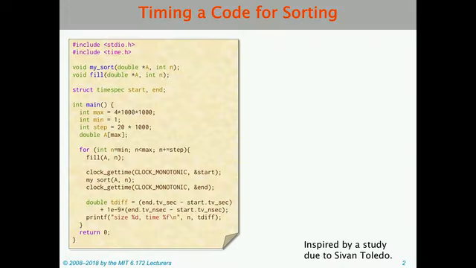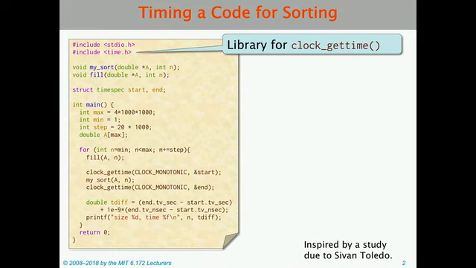So here's the code. This isn't exactly his code, but it's in the same spirit so that you get the idea. And so let's just run through this code and take a look to see what it's doing. It's pretty straightforward. We're going to use the time.h header file to get access to the clock get time routine, which is going to be what we use to get timing measurements.